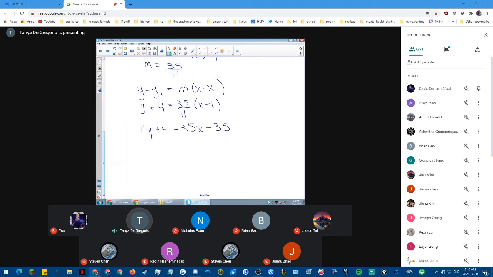I expanded there on the right, and this is going to be 44. So 35x minus 11y minus 79 equals 0. Notice, no decimals, no fractions, the a value is positive. That's your final answer. Okay?